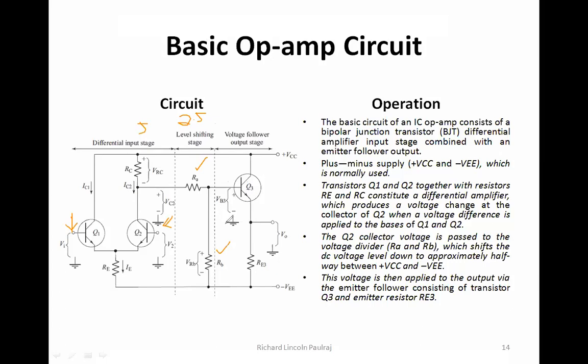Why is it VB3? Because this is my VB1, VB2, and VB3. First base, second base, third base. Accordingly, they are called transistor Q1, transistor Q2, and transistor Q3.